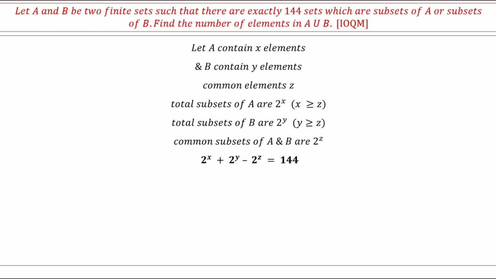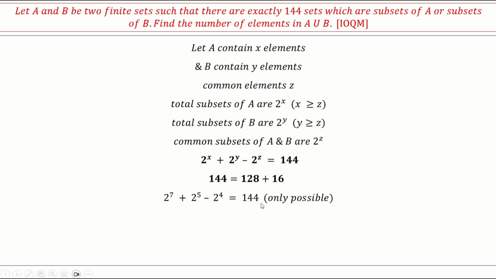We need to find the number of elements in A union B, correct? If I look at the 2 power x form, the only possibility I can see is 128 plus 16, which are 2 power x terms, correct? So 2 power 7 plus 2 power 5 minus 2 power 4, which is equal to 144.